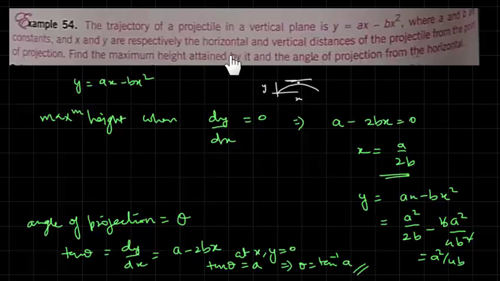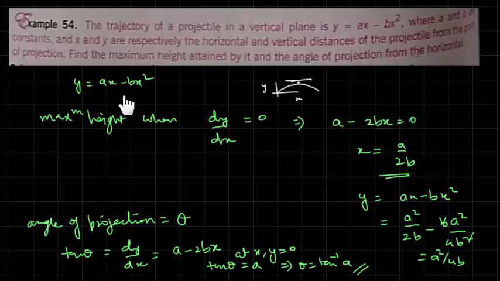Now for the angle of projection from the horizontal. So if that angle of projection is theta, and we know that maximum height is h, but this is not an equation of your normal trajectory.